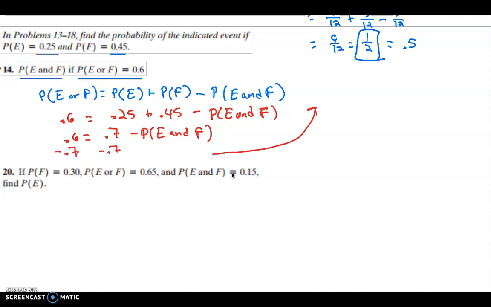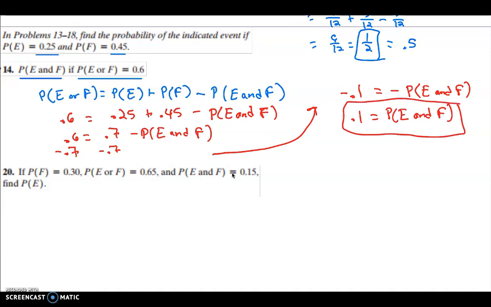So then I would have negative 0.1 equals negative, don't forget that negative on there because we're subtracting, the probability of E and F. And then just multiply both sides by a negative and you'll get 0.1 equals the probability of E and F. So 10% or 0.1 is that probability.